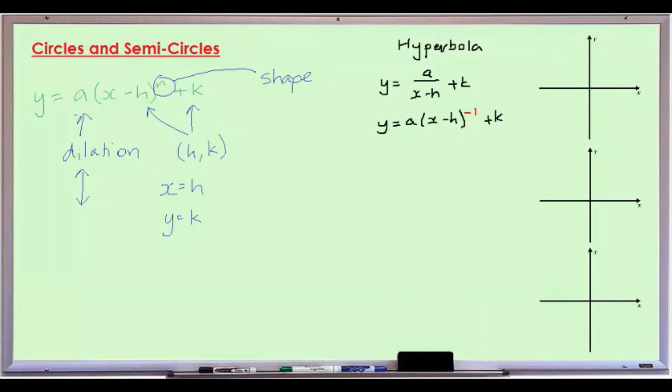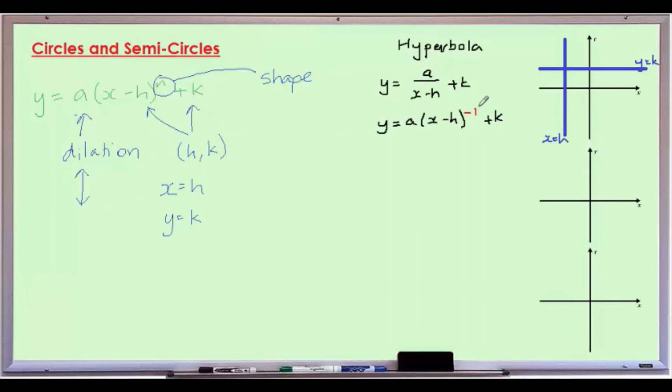You're going to have your asymptotes, as I said, at the lines h and k. So if we get an asymptote here, this might be my x asymptote because it's where x is a certain value always, and this might be my y asymptote. So the equations of my two asymptotes will be that x equals h and y equals k.